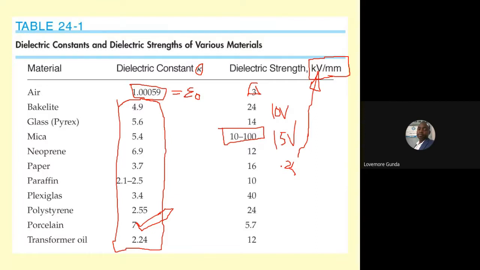So it is also very important to take note of the operational voltage. You don't have to know the dielectric strength, but the operational voltage will be based on the dielectric strength. So if they say 50 volt capacitor, it means you can use less than 50 volts, but if you use more than 50 volts, then you will destroy the capacitor.